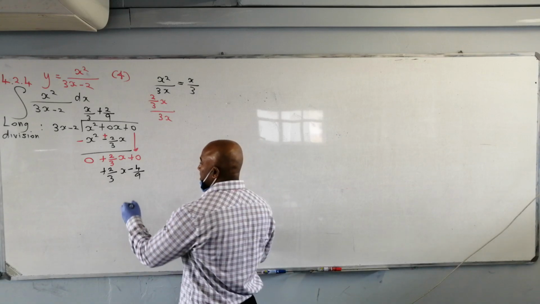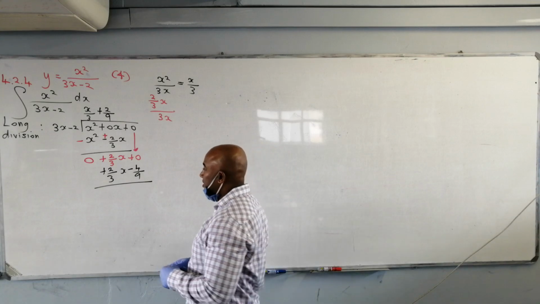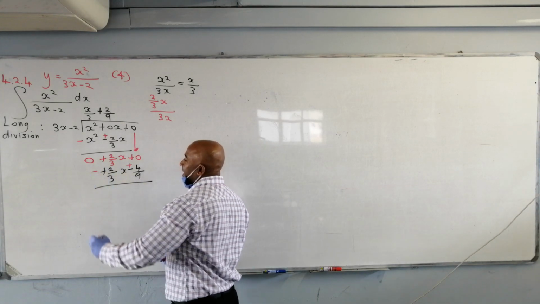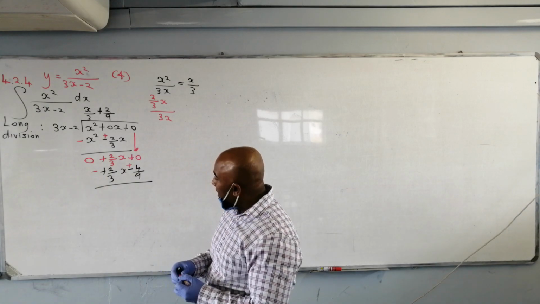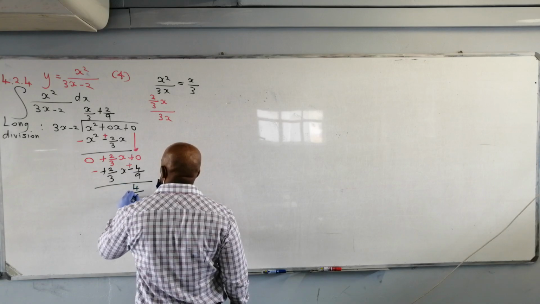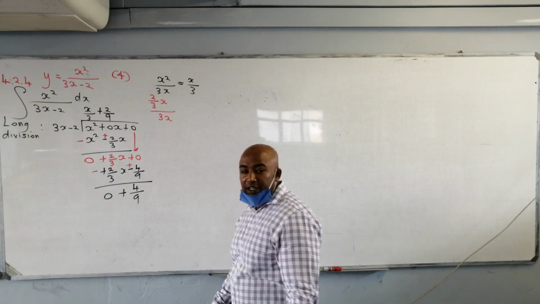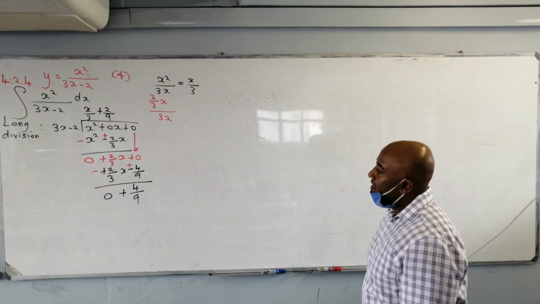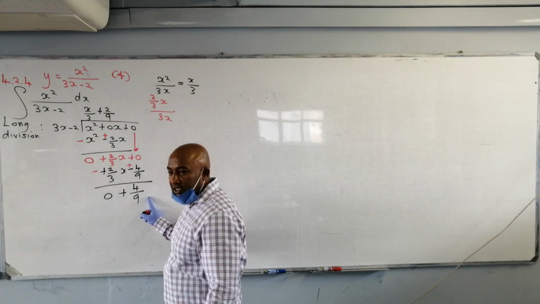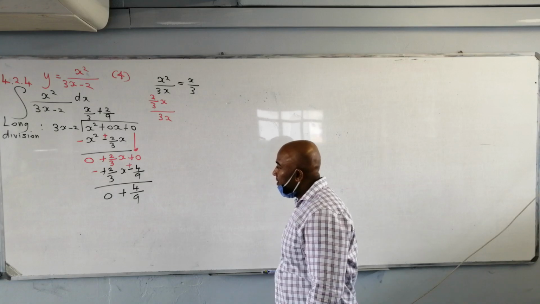Okay. Subtract. Change the sign of the bottom term and add. So this is a negative, make it a positive. This is a positive, make it negative. 0 plus 4 over 9 is 4 over 9. That minus that, 2 over 3 x minus 2 over 3 x is 0. So now you cannot divide anymore because the dividend is x to the power 0, which is smaller than x to the power 1.